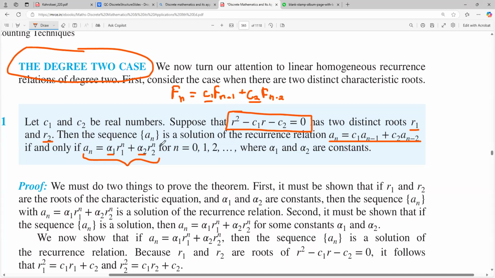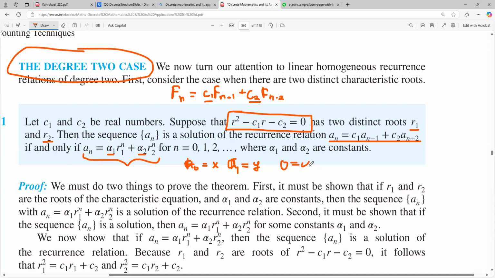How do you get these constants? Well, we use the base cases. So we know that f of 0 is, say, some x, and f of 1 is, say, some y. We plug them in here. A of 0 is going to be alpha 1 plus alpha 2, because R1, R2 to the 0 is just 1.